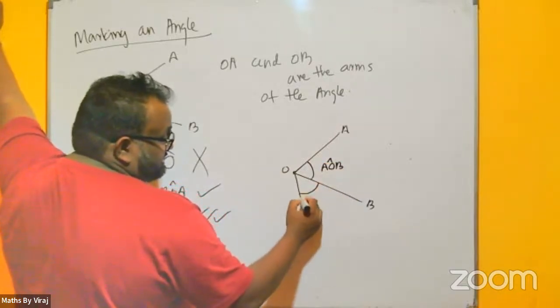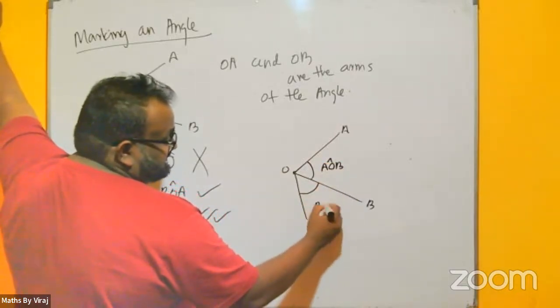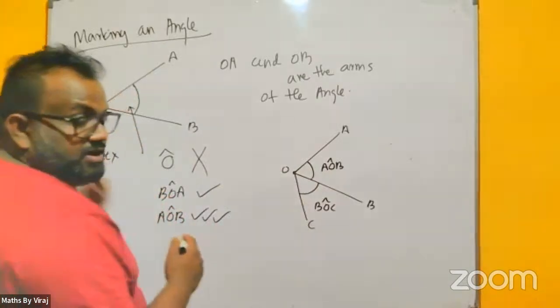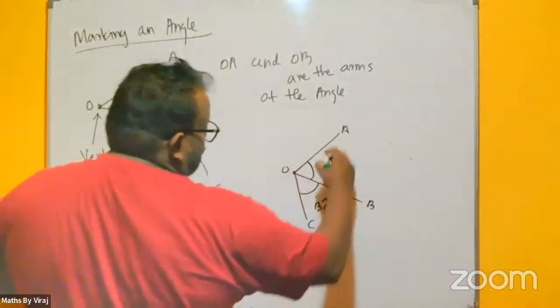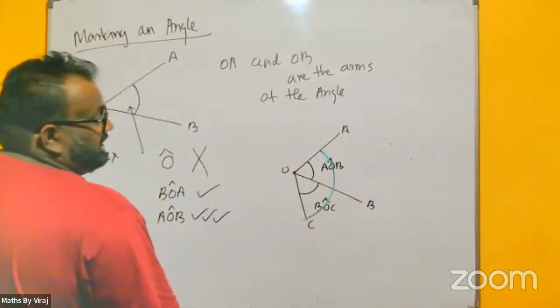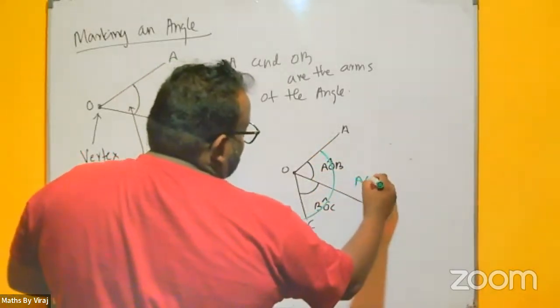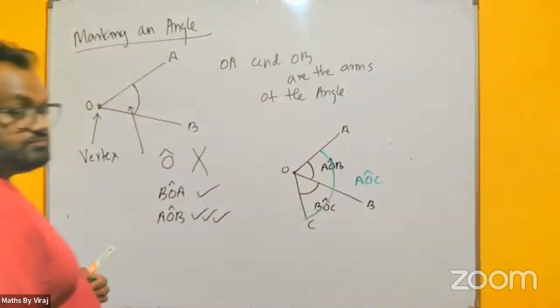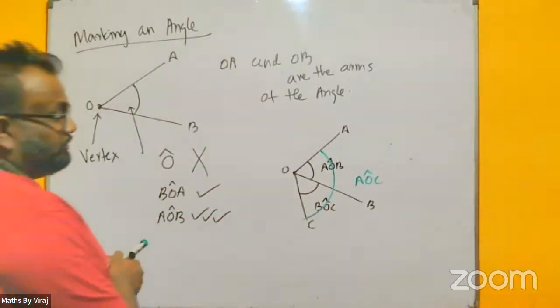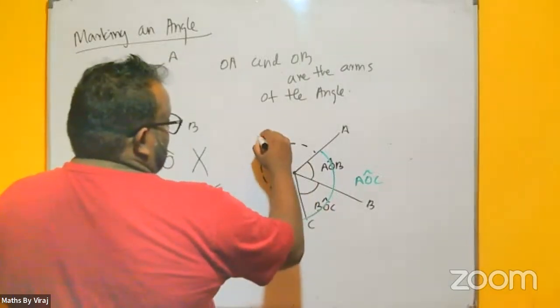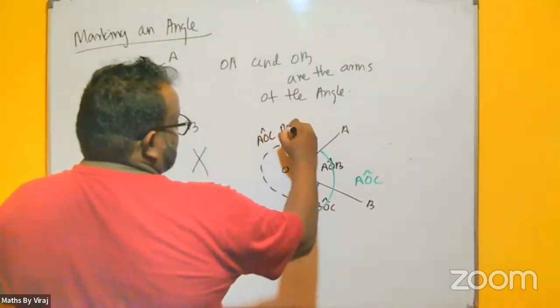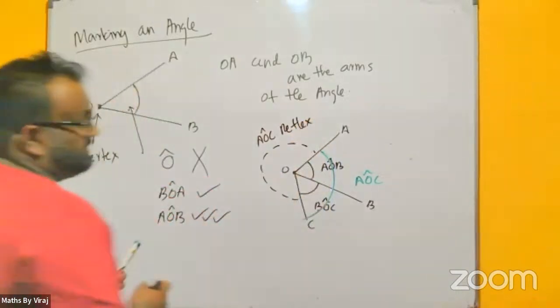If I need to measure this angle, it's BOC. What if I wanted to mention the whole angle? Then it is AOC. What if I wanted to mention this particular angle? Then you call it angle AOC reflex.